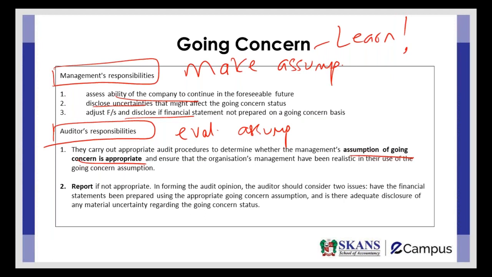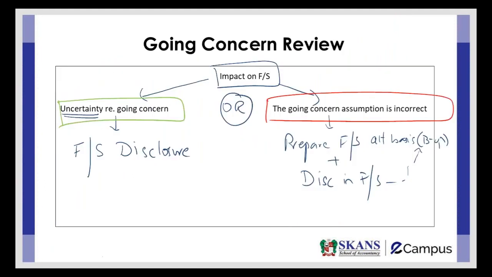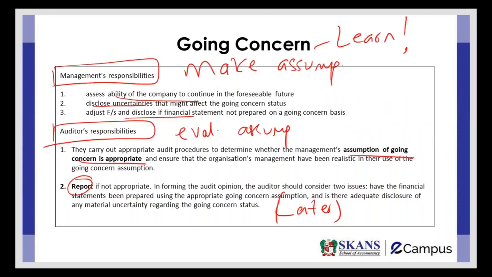And as an auditor, if we think their assumption is not right, this could have an impact on my opinion and report. Again, stuff that we will study tomorrow. So we know going concern can impact financial statements in 2 ways, depending on how serious the issues are. We know that management has the responsibility of assessing the ability. We just evaluate the assumptions.